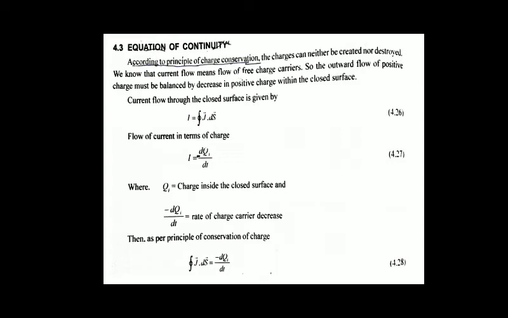So the outward flow of positive charge must be balanced by a decrease in positive charge within the closed surface. The current flow through the closed surface is given by the total current. In any surface we can calculate the closed surface integration of current density J dot ds.